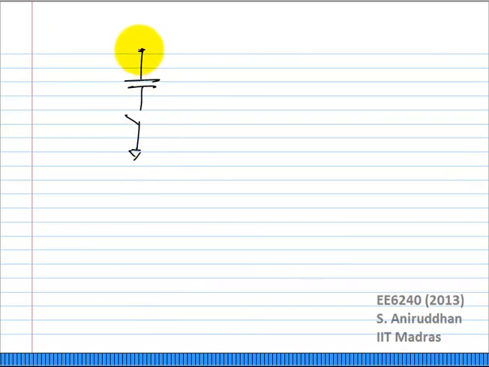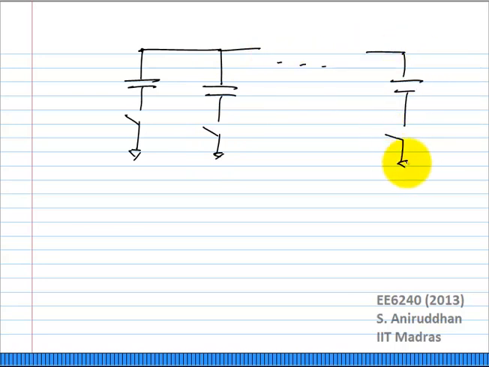Okay? And now what I do is, I want to tune this capacitance, right? So what I really need is, I have a whole bunch of capacitors. Let us say the minimum capacitance is C0 and so on, maybe some 2^n C0.